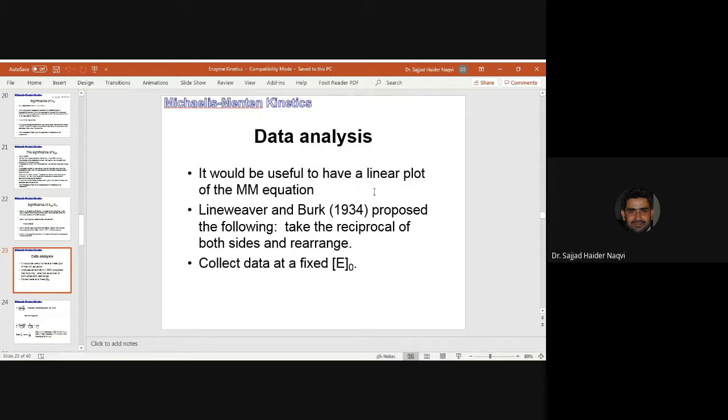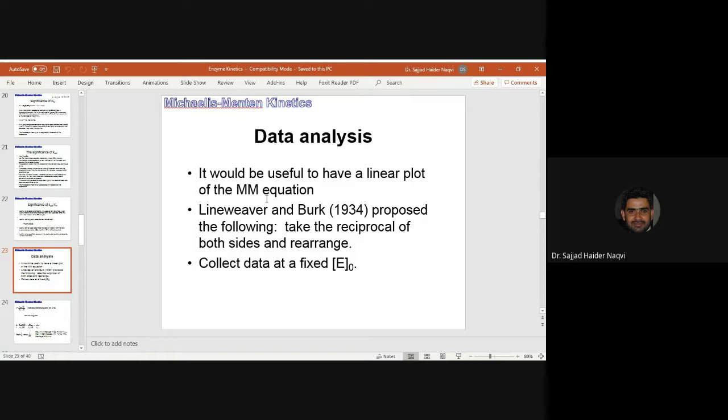So it would be useful to have a linear plot for the straight line equation, as I said, that straight line equations or the slope are difficult to do on a curve graph. So what they did was transform the Michaelis-Menten graph into a straight line plot or a linear plot. And that linear plot is called the Lineweaver-Burk plot.